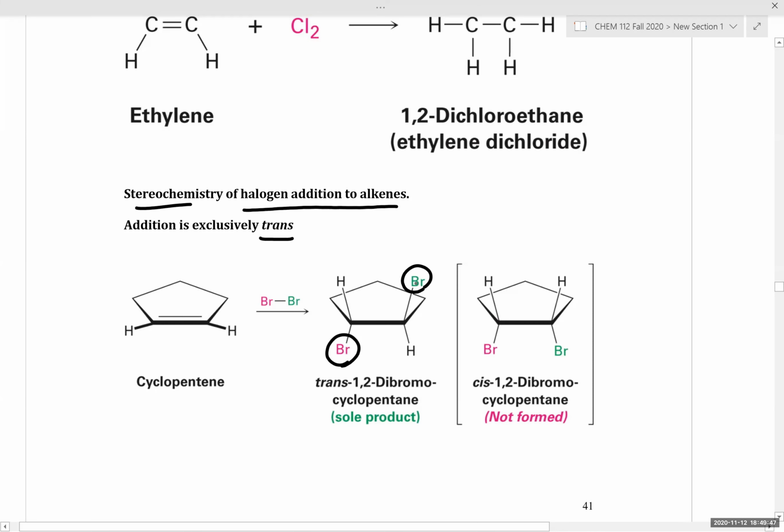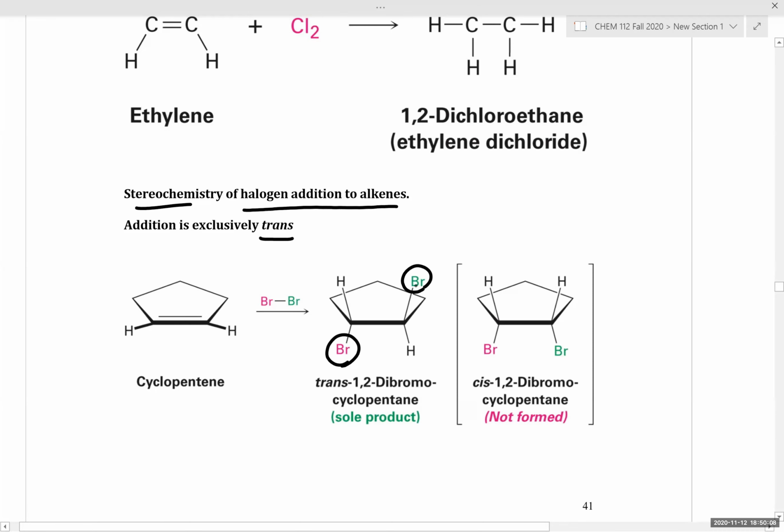We always observe the bromines on opposite faces of our molecule. Now that's really interesting when we observe this kind of stereospecificity, where we only observe the stereoisomers containing the trans arrangement of our bromine atoms.